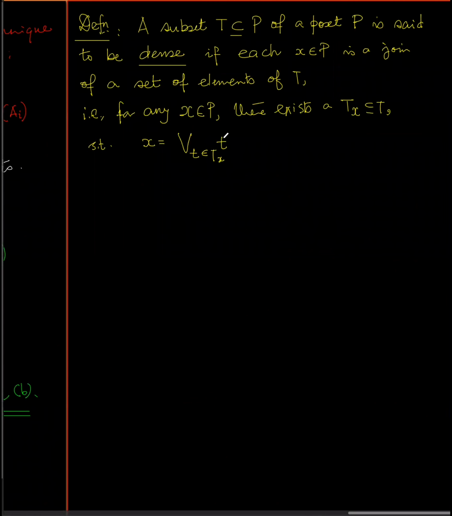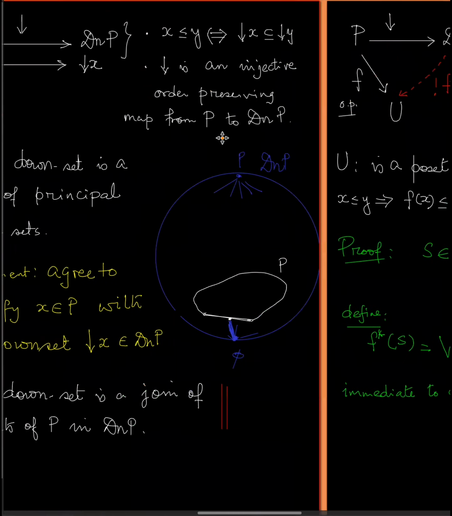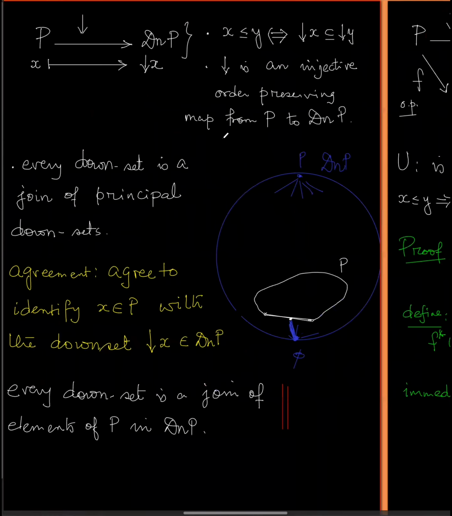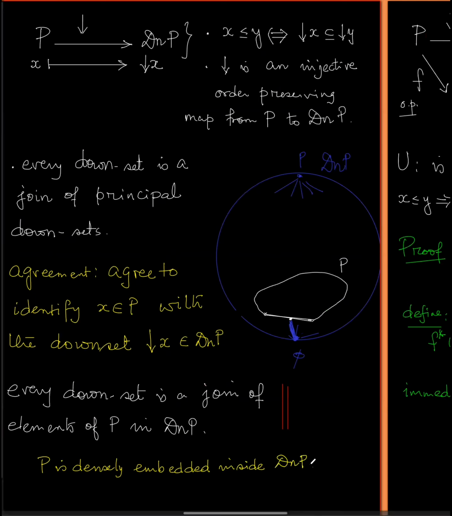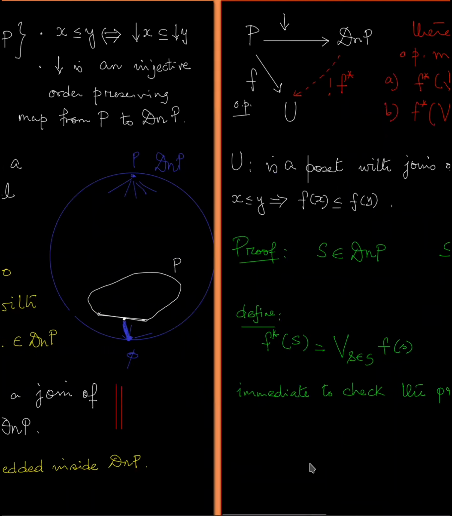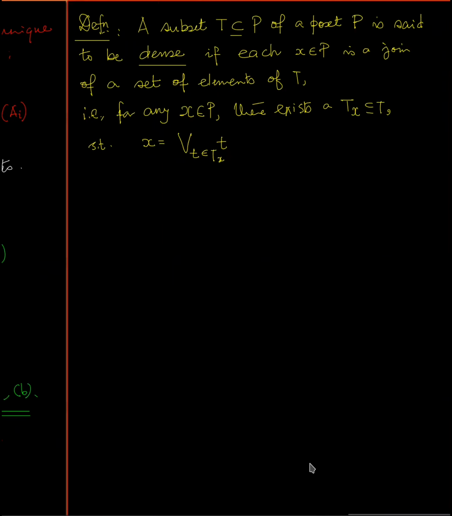Okay, so it's a join of these elements. So in this terminology, we can say, therefore, that P is dense in the downsets of P. So P is densely embedded inside the downsets of P, and with this property, the downsets of P is the smallest, the best poset with all joins. So that is one.